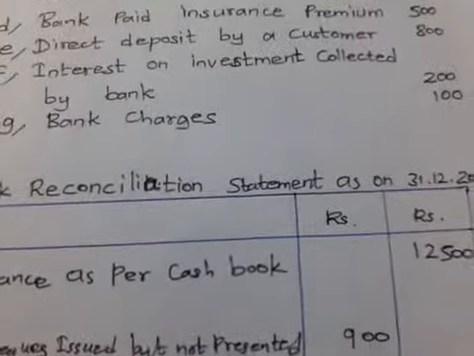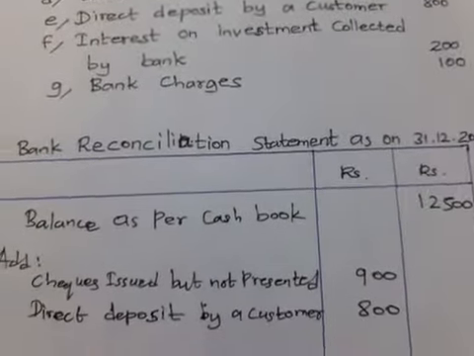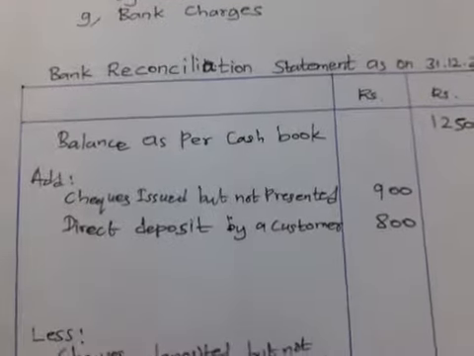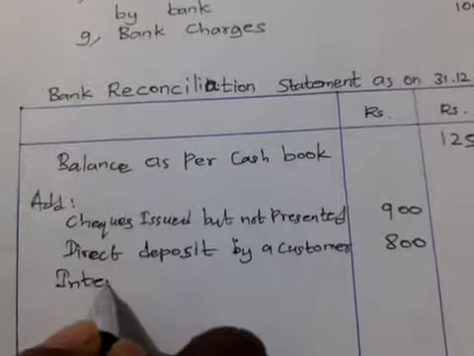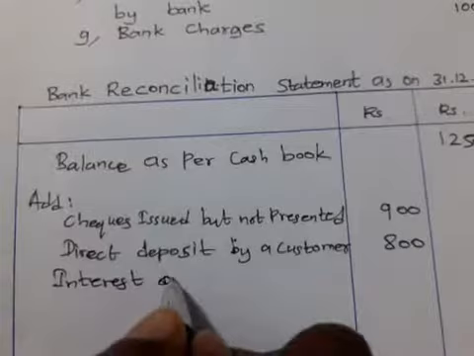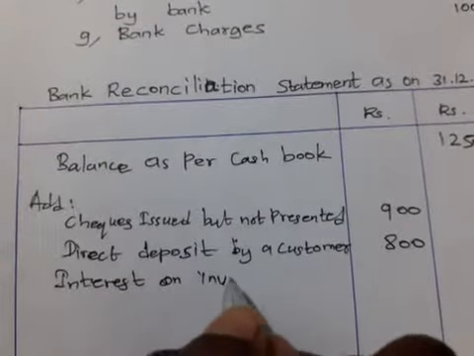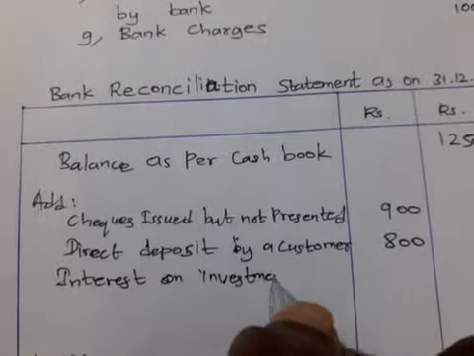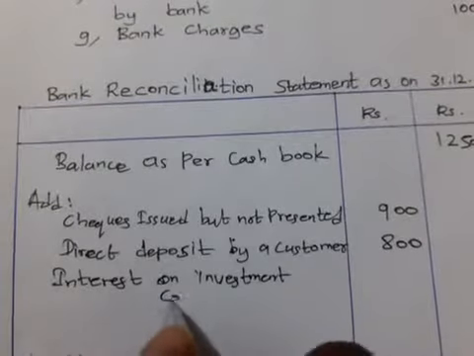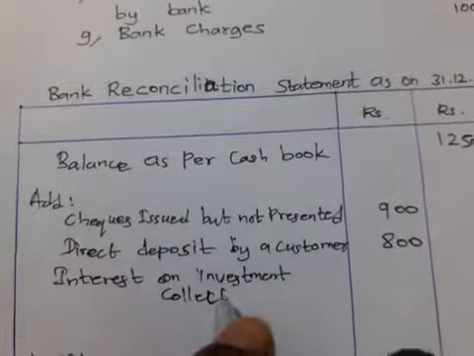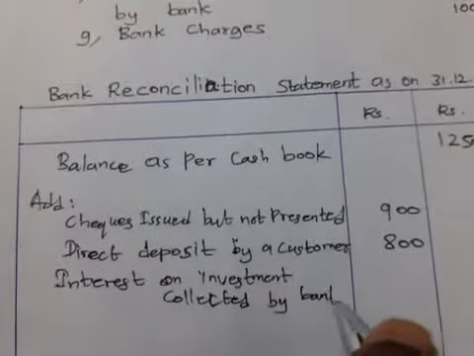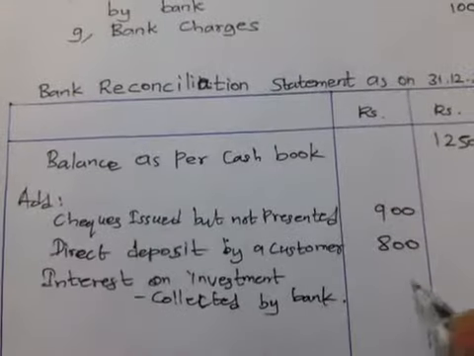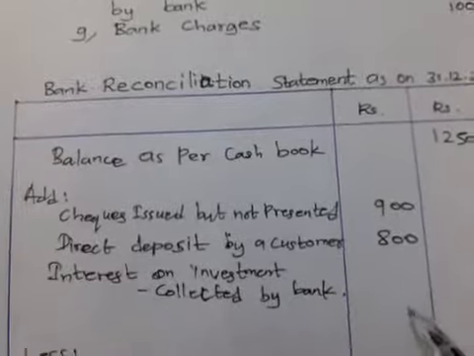So we have to add this amount, interest on investment by bank, 200.